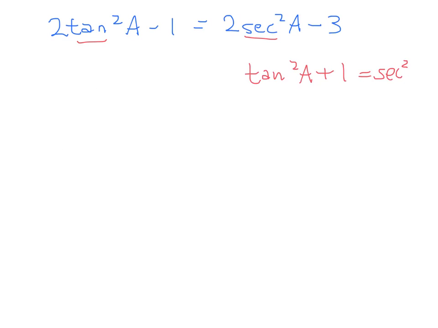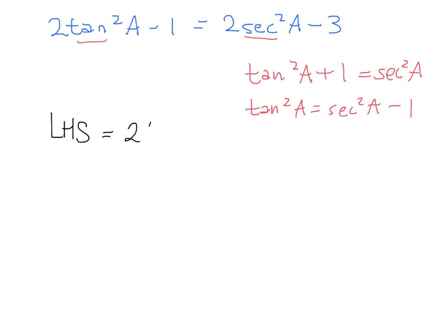Okay, one that we should really remember because it becomes vitally important later on when we start doing calculus. So, if we manipulate that just slightly, we get tan squared a equals sec squared a minus 1. And this means that for our left hand side we can get rid of the tan and turn it into a sec.